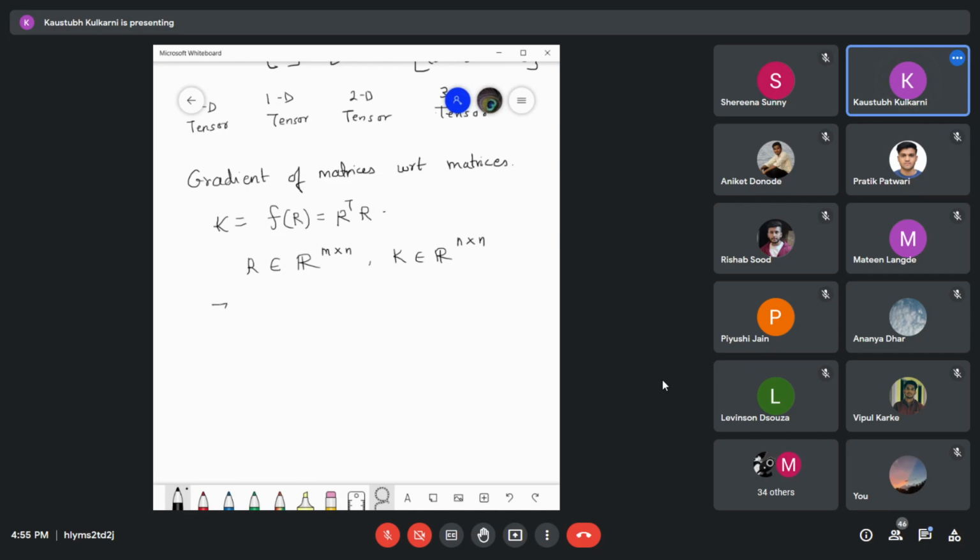So the gradient of K with respect to R will have the dimensions of N cross N cross M cross N. That is, each cell will be of the dimensions N cross N, and the total number of cells, if you arrange as a matrix, will be M cross N.